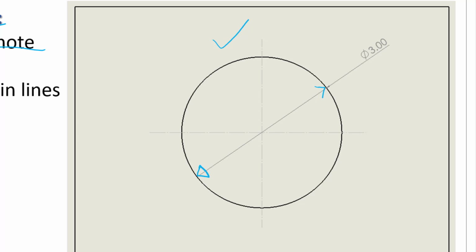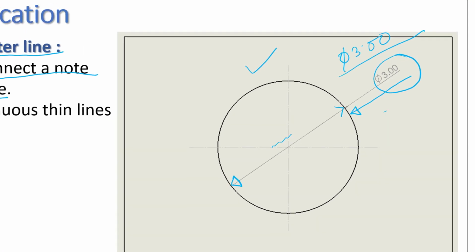Now this diameter is not shown inside, but it is shown by this line, and this line has an arrow at one end, and at the other end the note is written, phi 3.00. This phi represents the diameter symbol. So it represents that the diameter of the circle is 3.00.